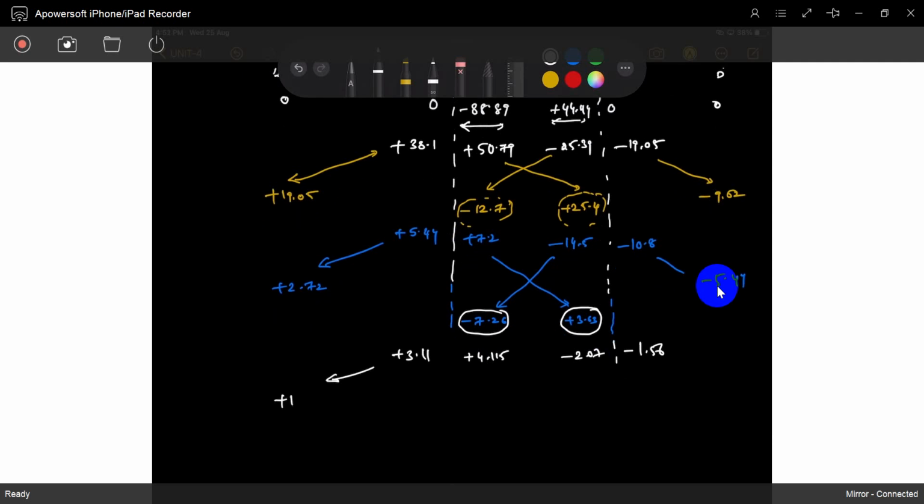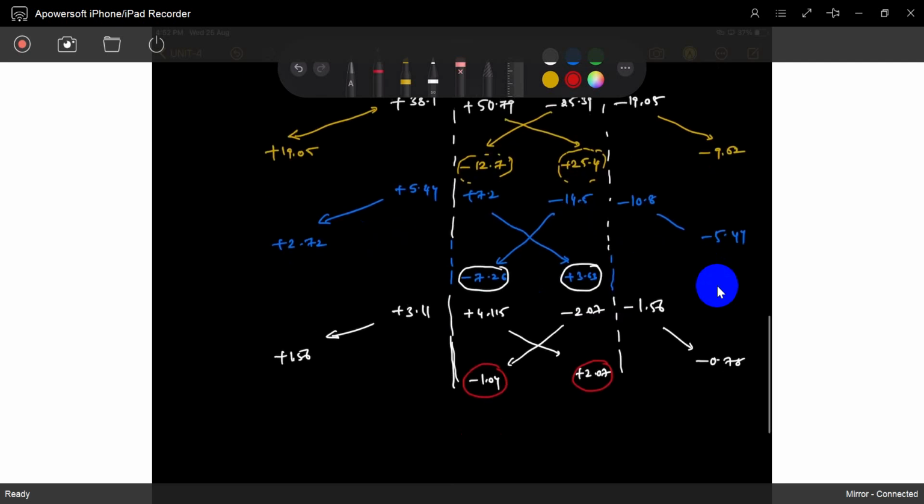3.11 will give 1.56. 1.56 will be this value. What is that value? This value is 2.07. Again getting this minus 1.04. Okay, so again this is an unbalanced moment, this is unbalanced, this is unbalanced.